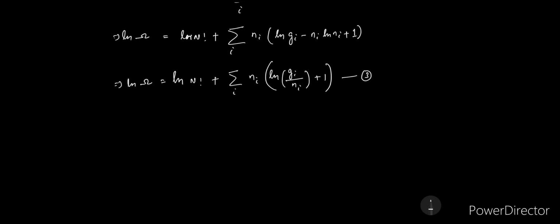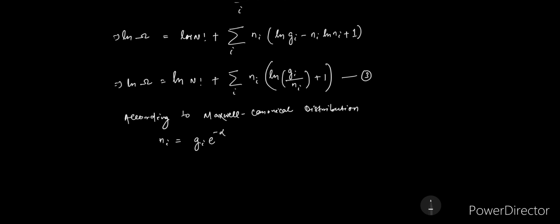Now, according to Maxwell's canonical distribution, the value of ni is equal to gi e to the power minus alpha into e to the power minus beta ei. That implies gi by ni, where gi, as we already know, is the number of cells in a particular compartment.